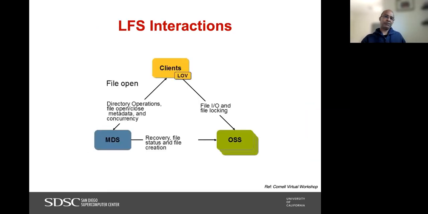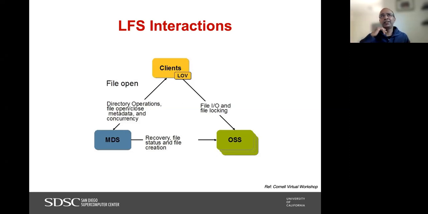Okay, as I mentioned before, there is a client, which is your compute node or even the login node. And there is MDS and OSS. Whenever you try to do any kind of file operation, like file open, close, directory search, find, all these operations involve metadata of the files. So it has to contact the metadata server.